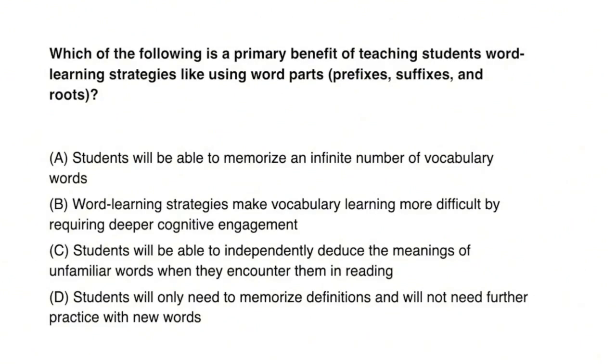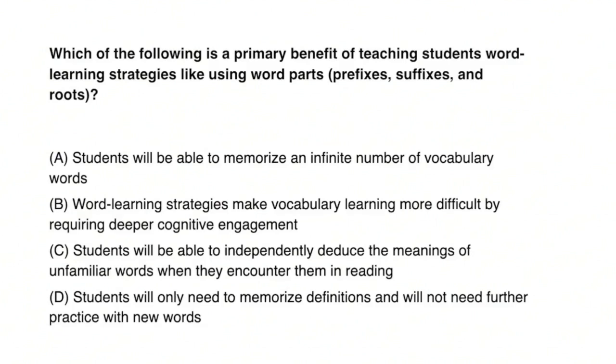Which of the following is a primary benefit of teaching students word learning strategies like using word parts, prefixes, suffixes, and roots? A, students will be able to memorize an infinite number of vocabulary words.